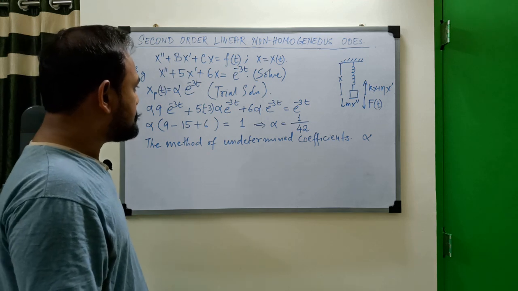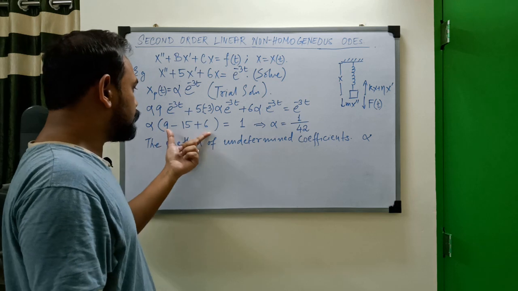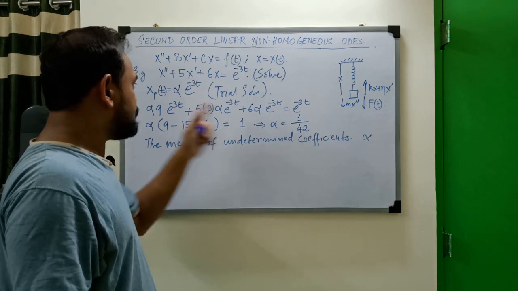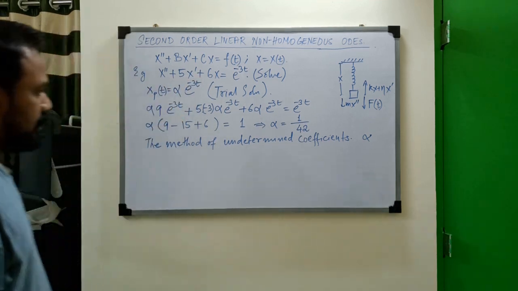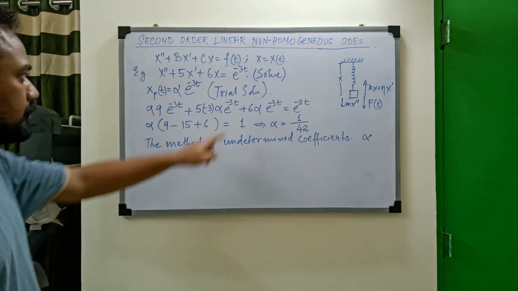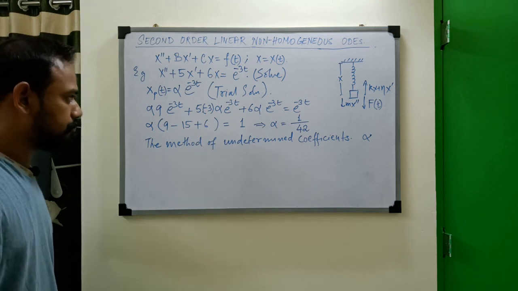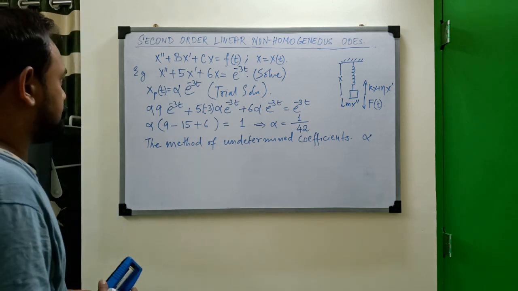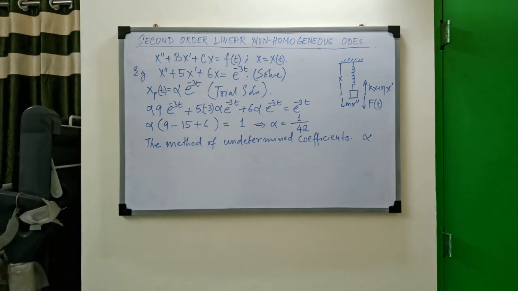But as long as it was one of those factors which gave a non-zero number here, then 1 by 42 e to the power 4t was a particular solution. So this method doesn't work for certain factors here. We will inspect all of them later. Now, right. So, what do we conclude?